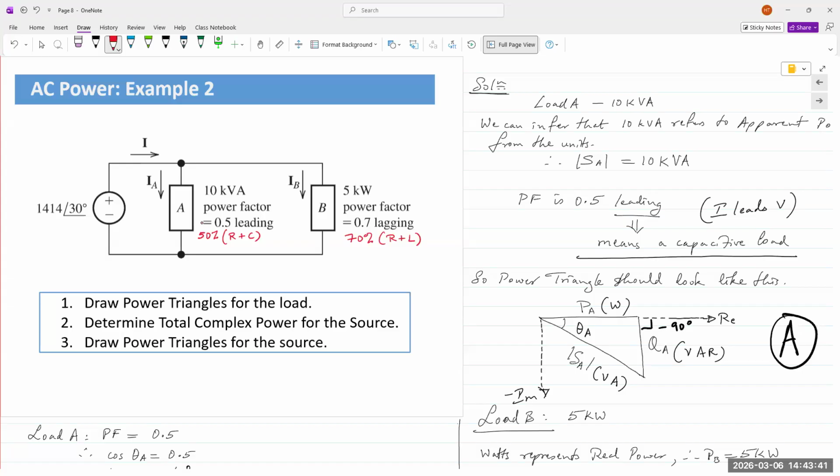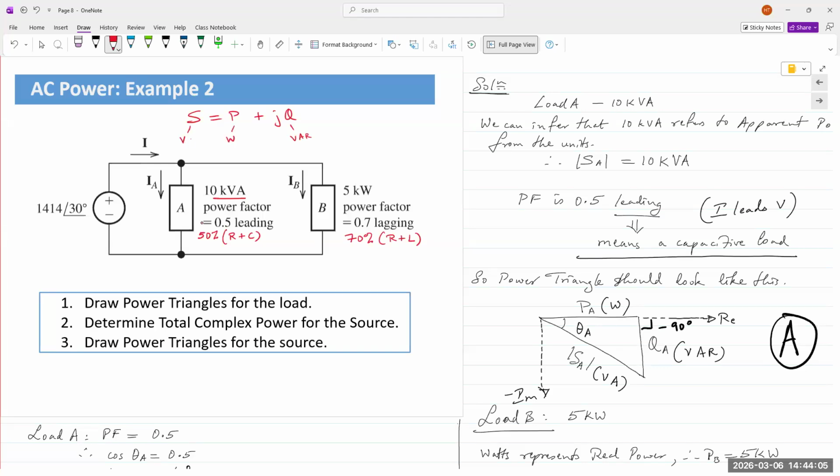But 10 kVA, look at the units. What quantity is being referred to? Again, S is equal to P plus jQ. Units for Q is VAR. Unit for P is watts.